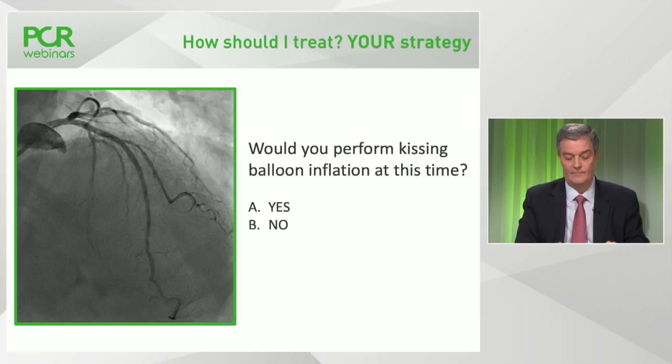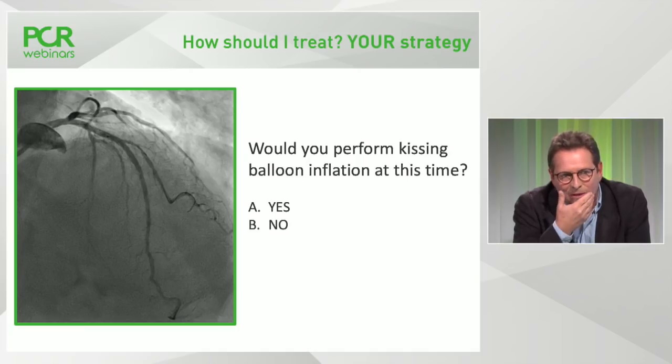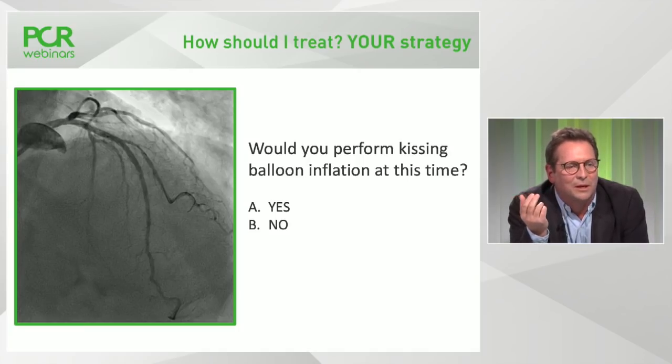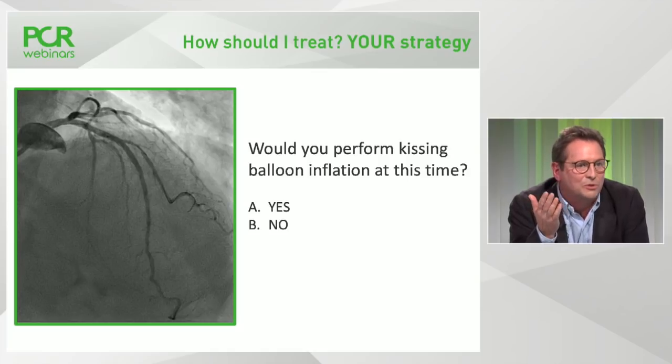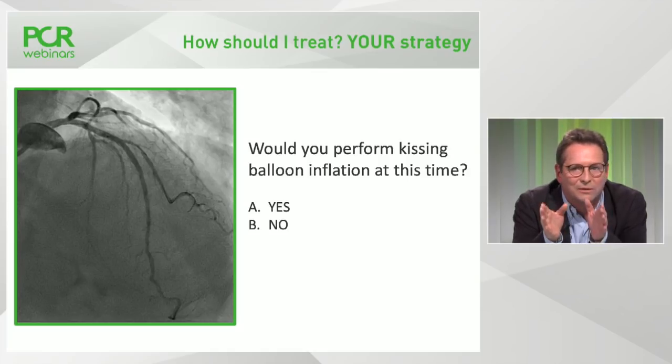Again, it's an excellent question, and it shows the beauty in the provisional philosophy that you go stepwise and you re-evaluate. We had a question in the beginning where one in the audience stated that he would definitely stent the side branch because it's diseased, and it was just before we started the procedure.